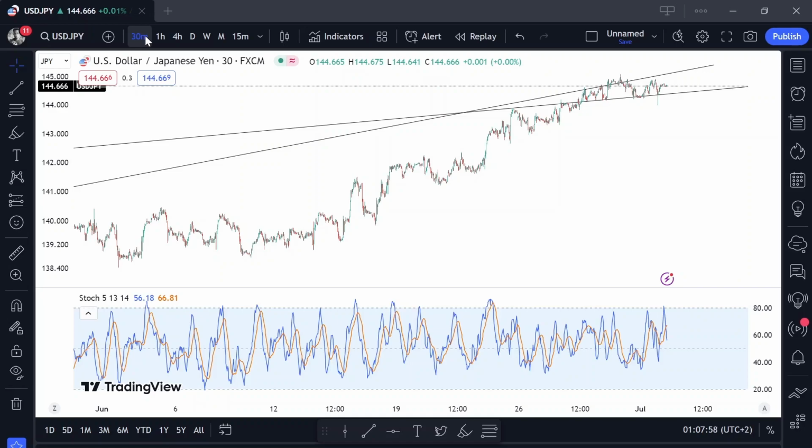Okay, so remember I told you that in your diary you should write what is going on monthly, what is going on weekly, what is going on daily, and what is going on on your H4. So if you identify that on USDJPY we are looking for sales, make sure that now you are on M30.